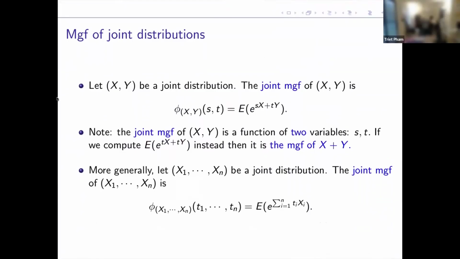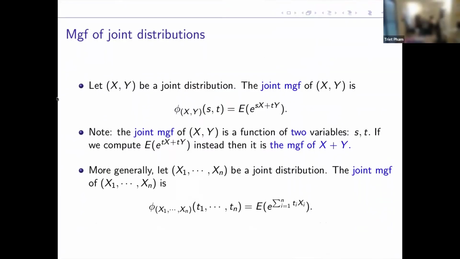Okay, so here we just want to mention that the notion of moment generating function also extends to joint distributions. You can talk about moment generating functions of X and Y rather than just X. But if you do that, then you have to be careful to use a vector for the scalar t.